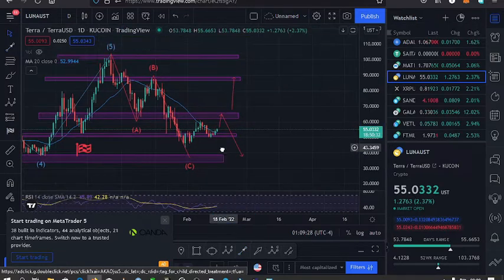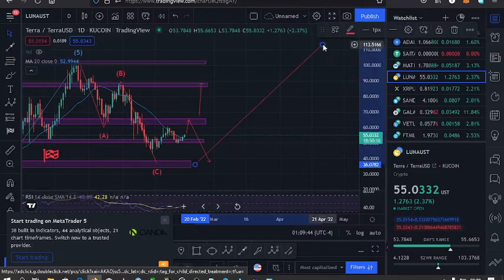And if that move plays out, I think Luna will have done whatever it needs to do in its ABC correction. So whatever should follow on this other side should be a move that will be taking us to an all-time high. So that's the other key scenario that I expect us to see.